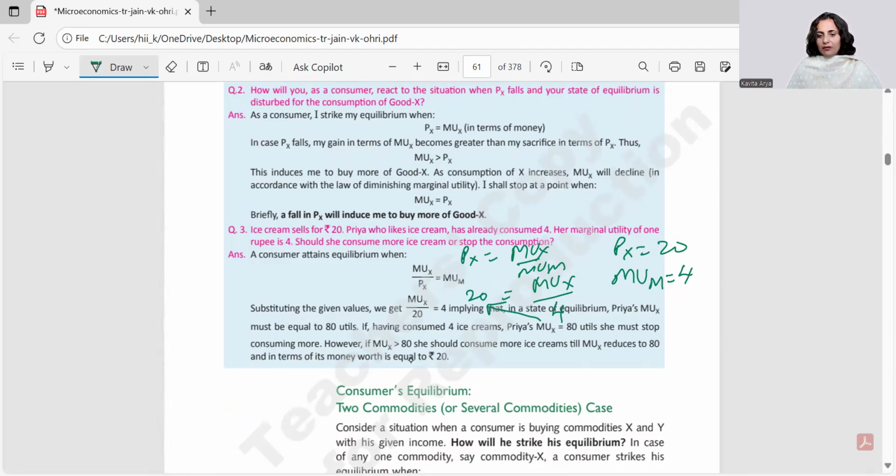So 20 into 4 gets you 80. So they say if MUX is greater than 80, she should consume more ice cream till MUX reduces to 80 in terms of money worth, right? So this way they have expressed it, and such questions are always expected from the paper's point of view.